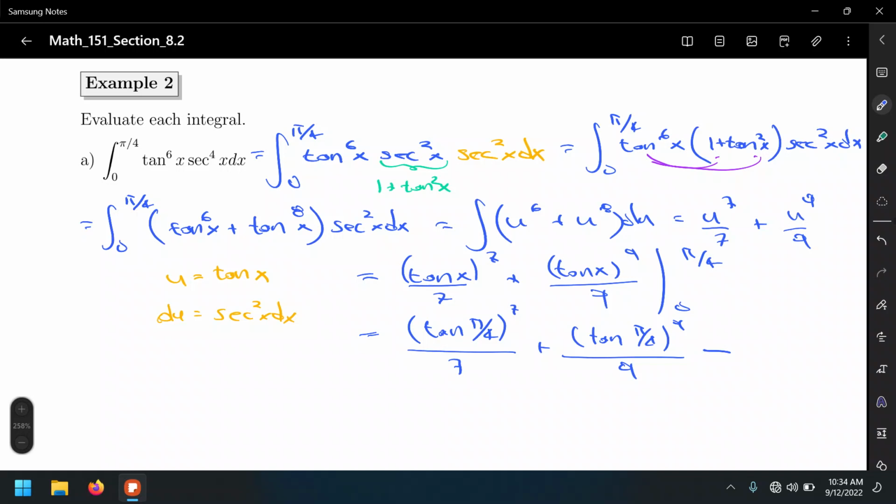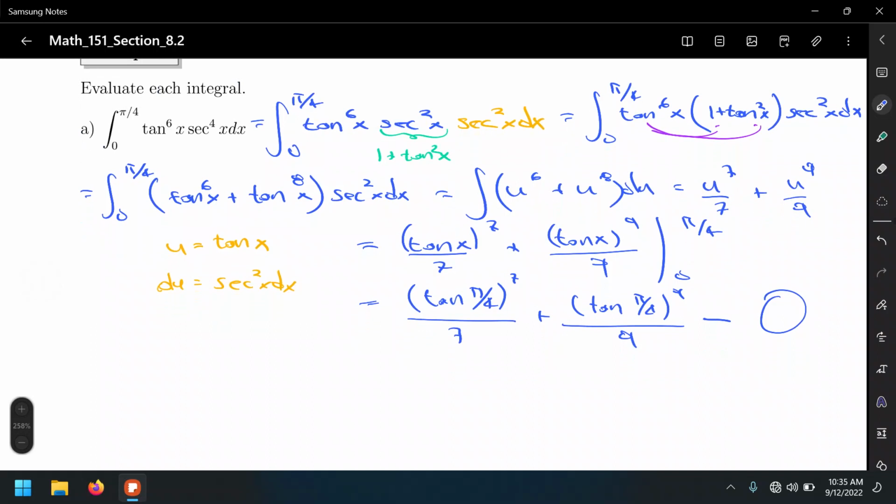What's tangent of 0? It's 0, so that part is just 0. On the other hand, what's tangent of pi over 4? Is that a 1? Yep. So that's 1 to the 7th over 7 plus 1 to the 9th over 9.